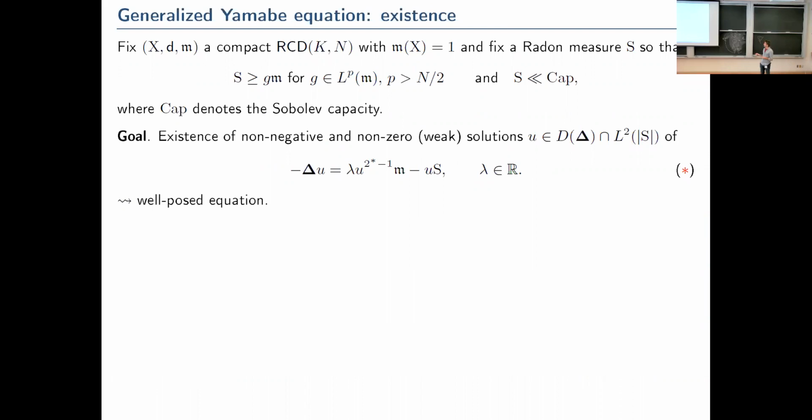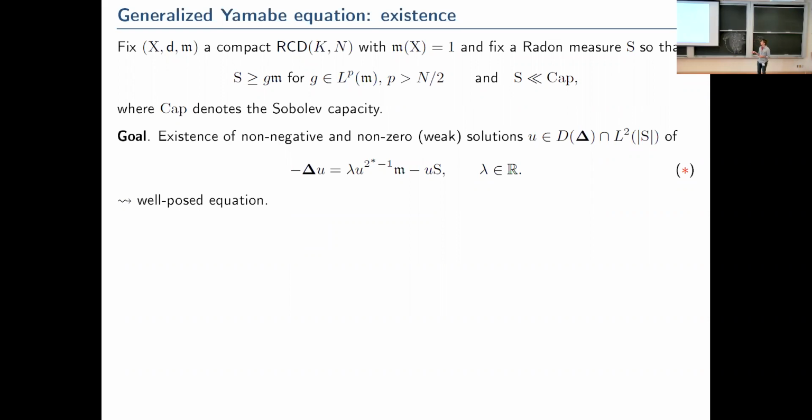But recall that S here, I mean, in the RCD setting, you don't have scalar curvature, but you really think that if you had, you would put that. So you cannot just propose an existence theory of these PDEs in a non-smooth setting just saying S is L infinity. And the reason is that you only have Ricci lower bounds, so it's very unnatural to me.